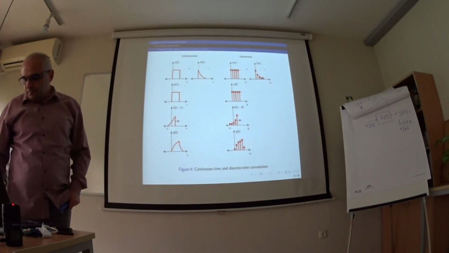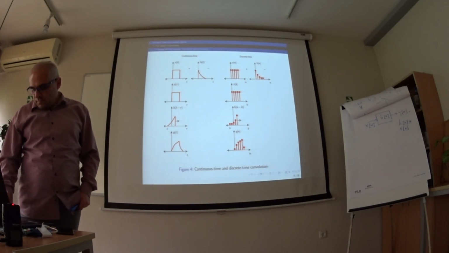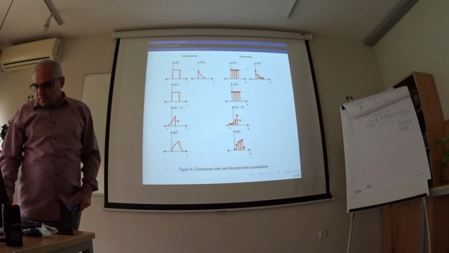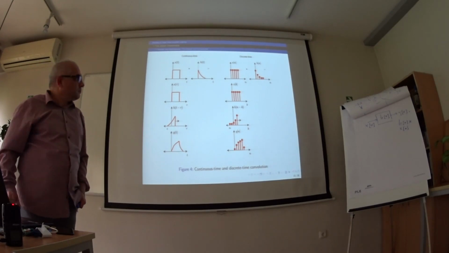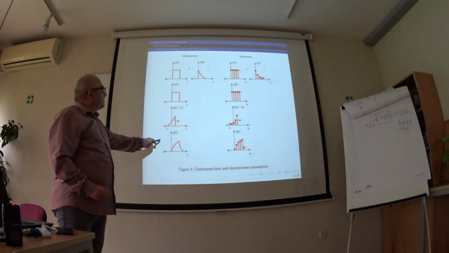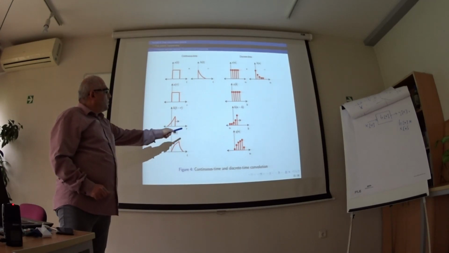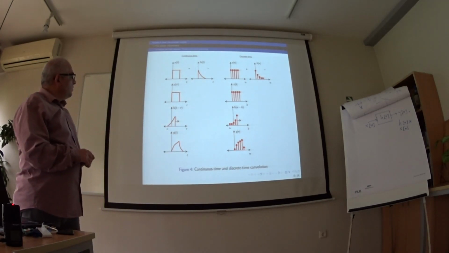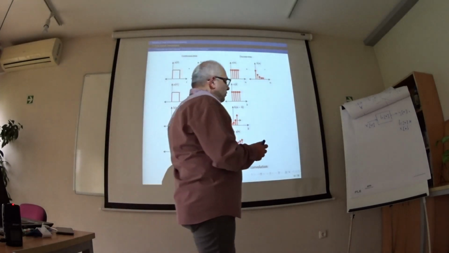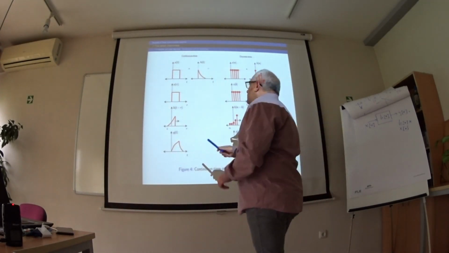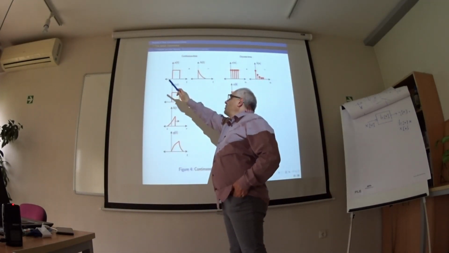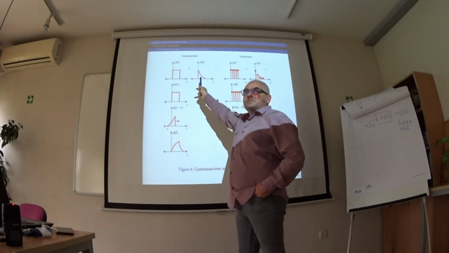Here you can see the convolution process for continuous signal and for sampled or discrete signal. What is the convolution? We have to make the convolution between a rectangular pulse and an exponential.